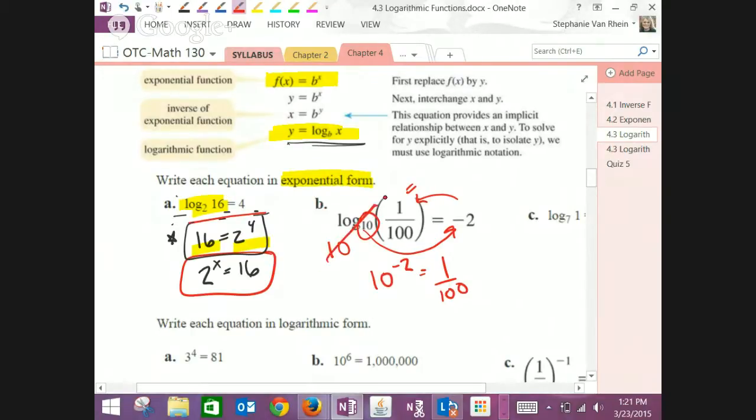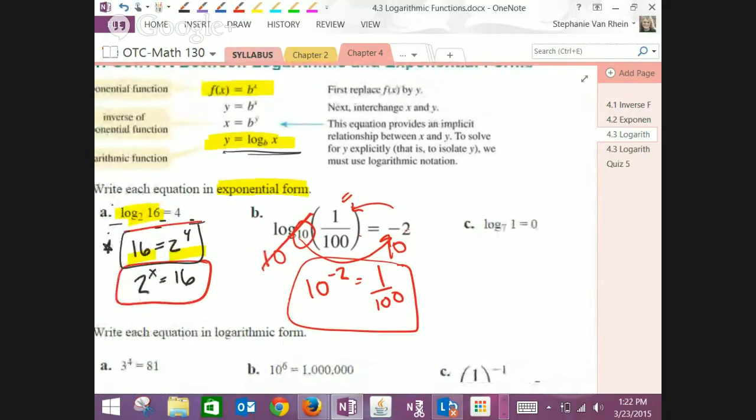That's going to cancel this side, and I'm going to be left with 1 over 100. And I have to do the same thing to the right-hand side as I did the left-hand side. It's telling me the same thing. 10 to the minus 2 equals 1 over 100. Right? And the negative means I just bring it down to the bottom and square it, and 10 squared is 100. So this is saying the same thing as the logarithmic form. Do you guys see that?